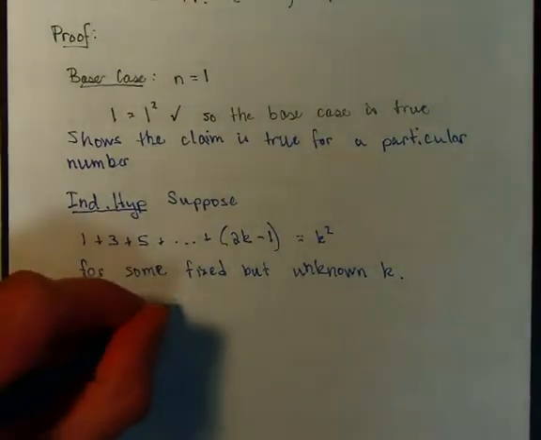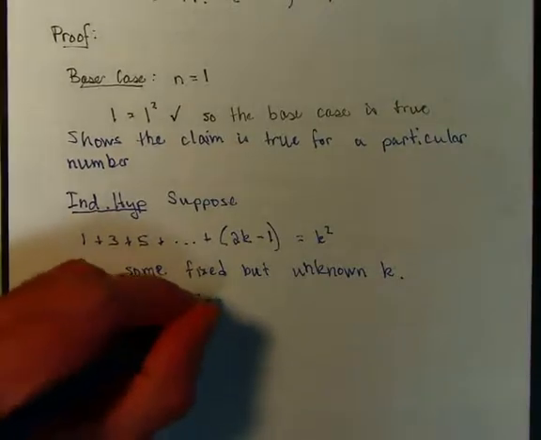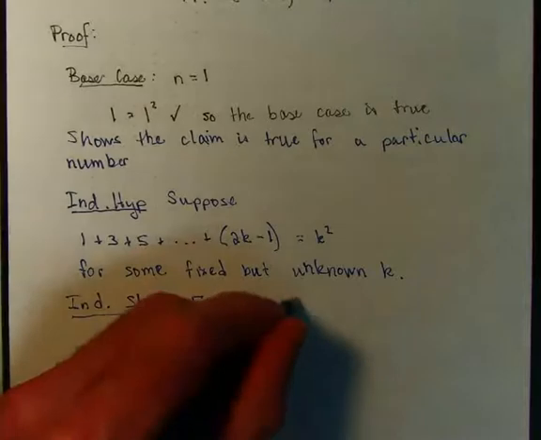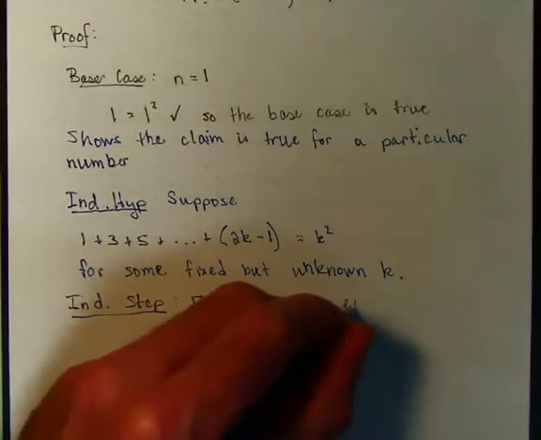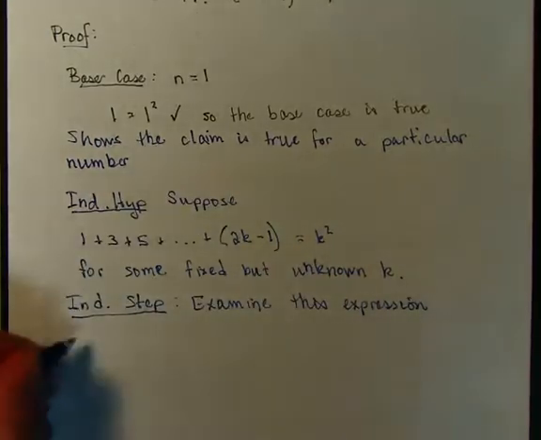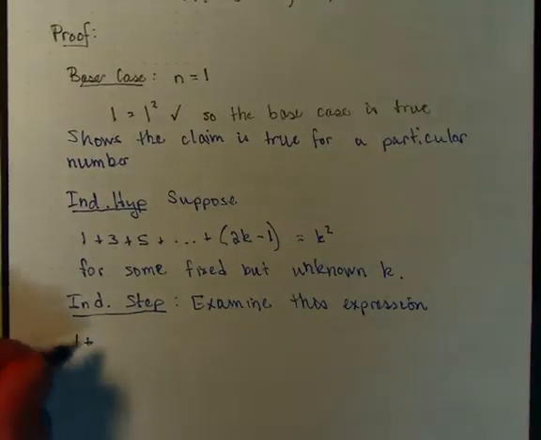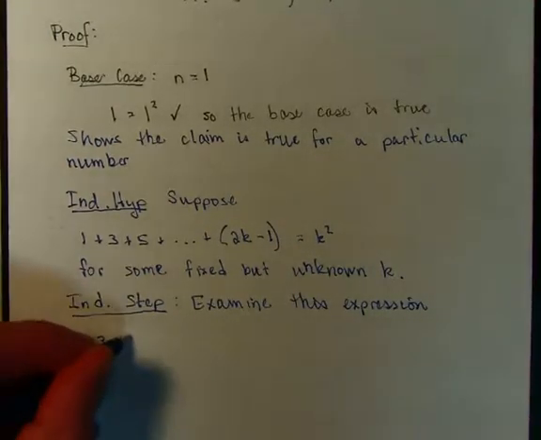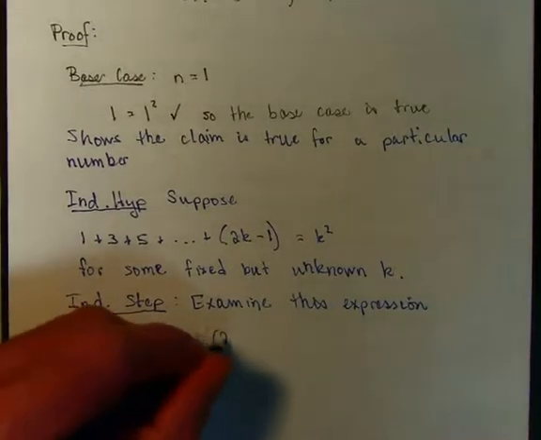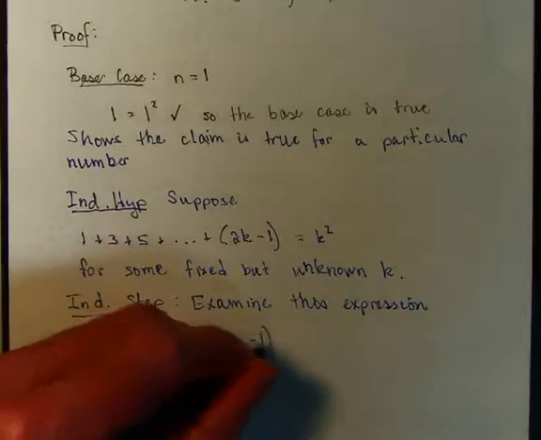So what we're going to do is examine this expression: 1 plus 3 plus 5 plus, we continue in that way, 2k minus 1.